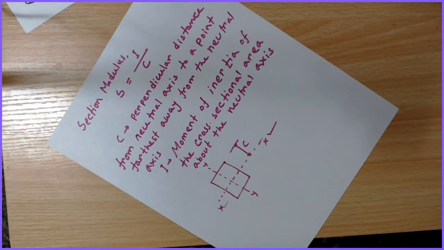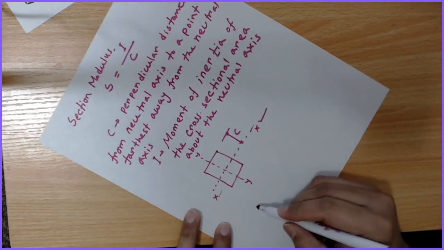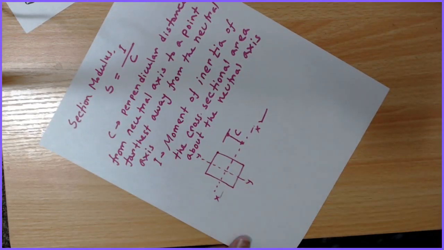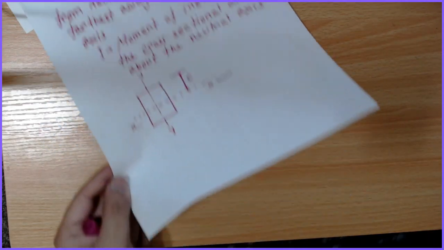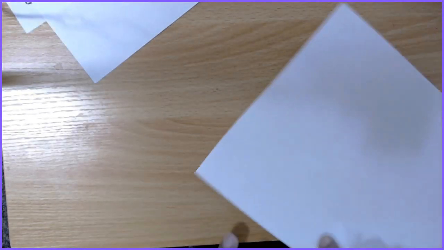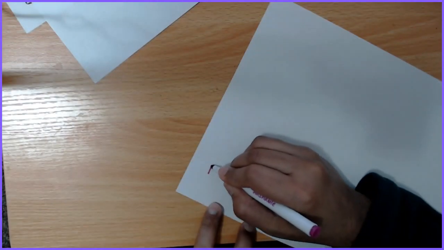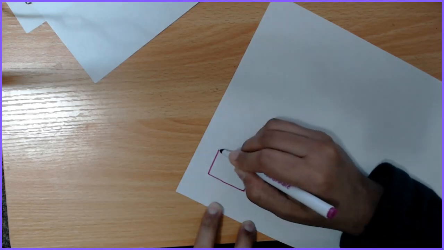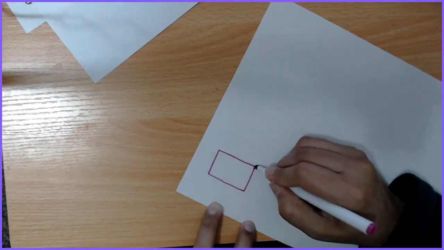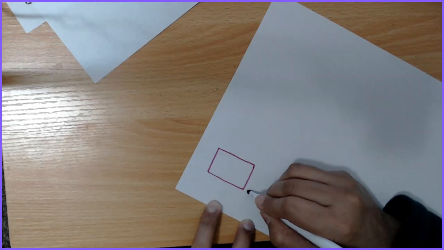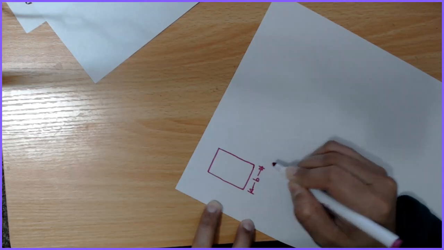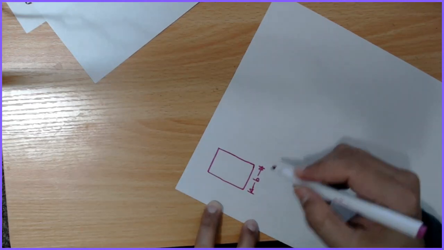I'm going to show you an example of how the orientation of geometry affects the section modulus. Let's consider a beam which has a cross section, and this is the width and this is the height.